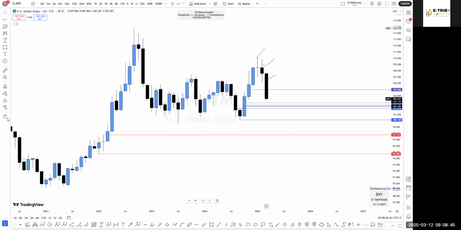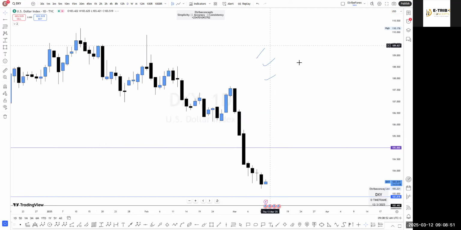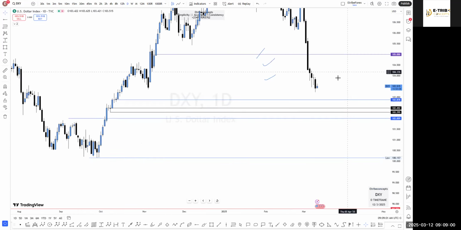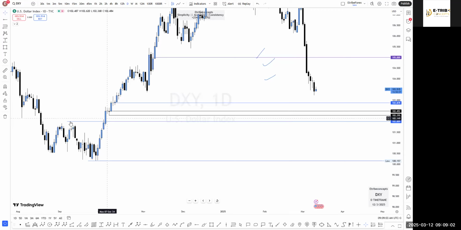If you check on what is happening on the daily time frame, structure-wise, we see that we have some liquidities that are seated at 102.4. Let me show you 102. Let me delete this one.